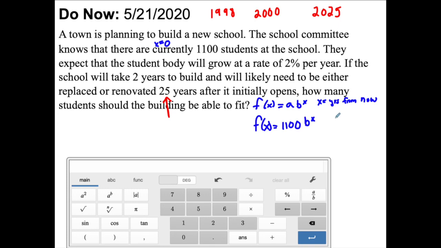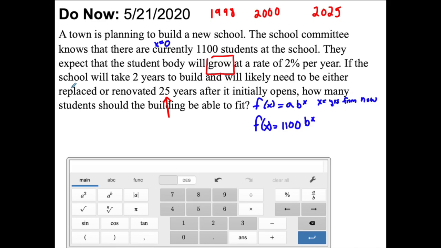Okay. But what about b? b is the rate of increase. So first of all, here are two important words: grow. When we see words like grow, increase, appreciate, add, expand, things like that, those last ones, I don't know if you'd see those a lot, but I'm just trying to give you words that you might see, we're going to have a sense that we're having exponential growth.